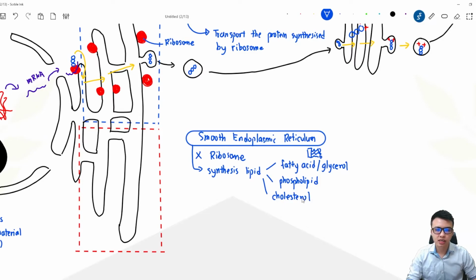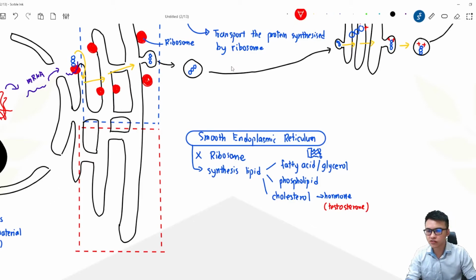Cholesterol basically is the raw material that can make other stuff, for example, hormones like testosterone and estrogens. Those are the good stuff that can be found in our body.